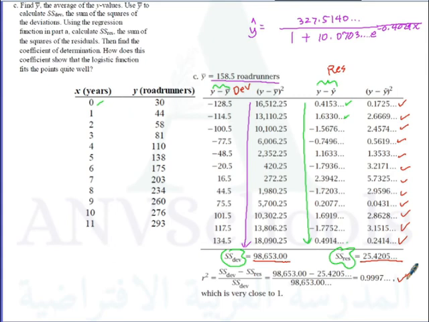Now to get the correlation coefficient, r is equal to the square root of r square, and our r square is very, very close to 1, so 0.9997 will give us a correlation coefficient of 0.9998, which is very, very close to 1.